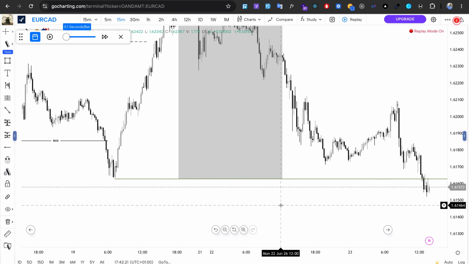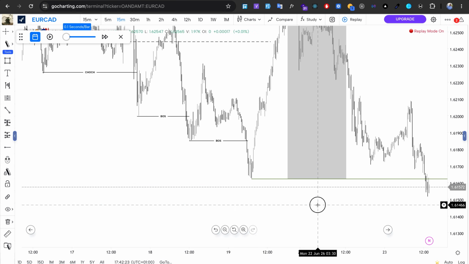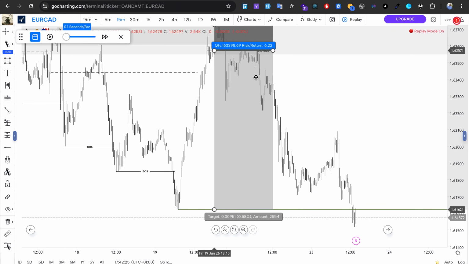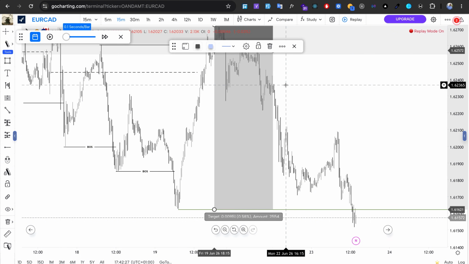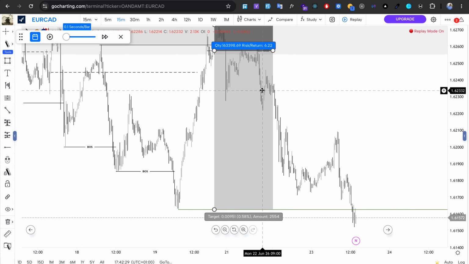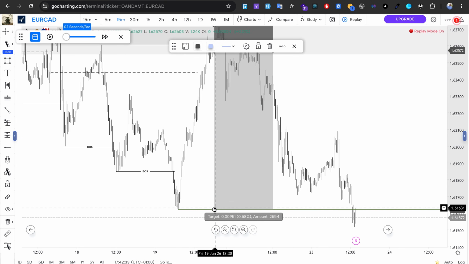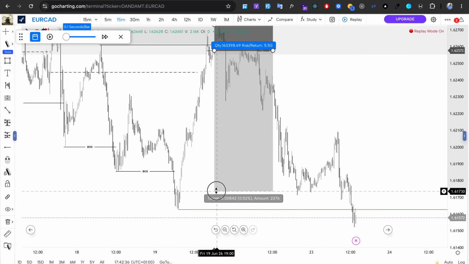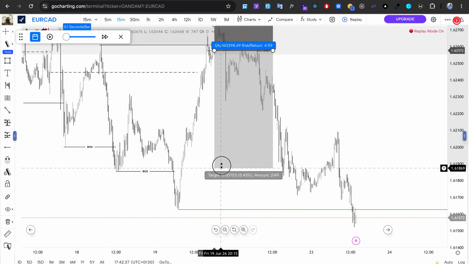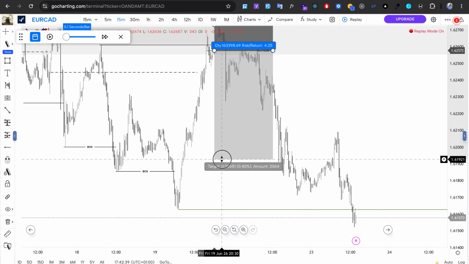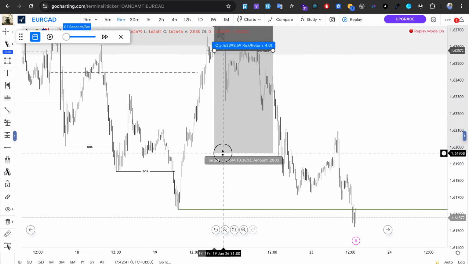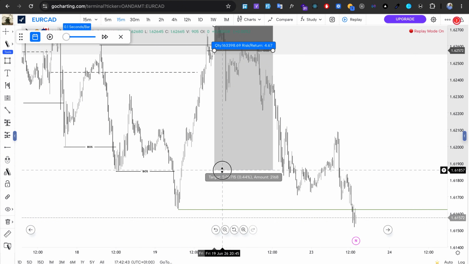This is a sweet 6 RR, but to be sincere, I would not have gotten to this place. The minimum RR I take is 4 to 5, so I would have stopped here or just here. So I would have not gotten to 7, 6.